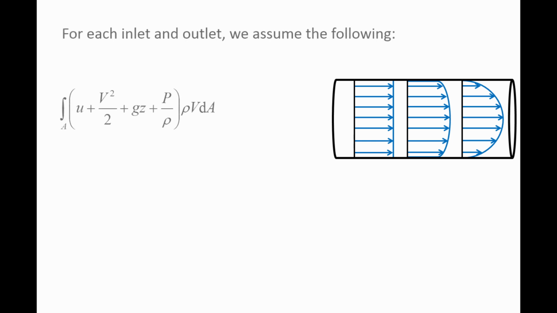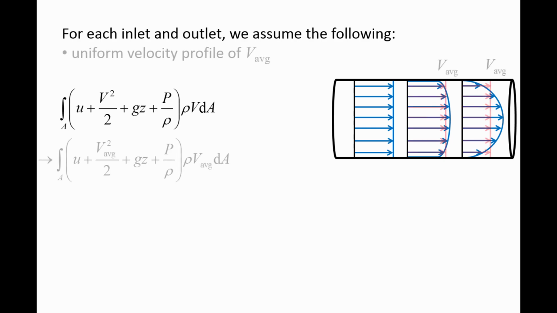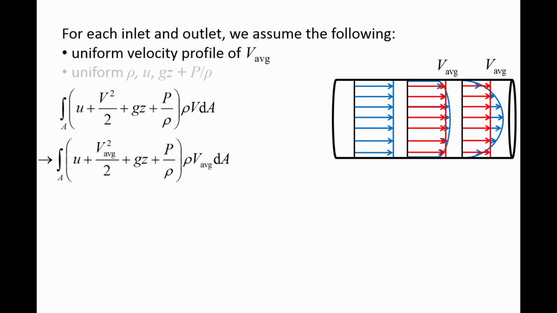In order to simplify the integrals in the conservation of energy equation, we make a couple of assumptions. First, we will replace the actual velocity profile with an average velocity profile that is uniform and produces the same mass flow rate as the actual velocity profile. Next, we assume that the density and specific internal energy are uniform over each individual cross-section.